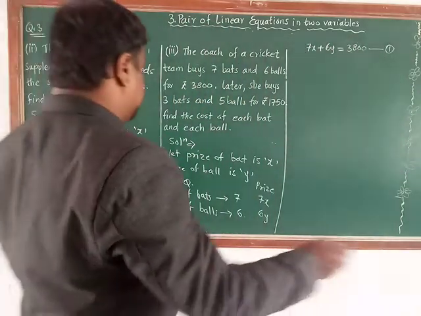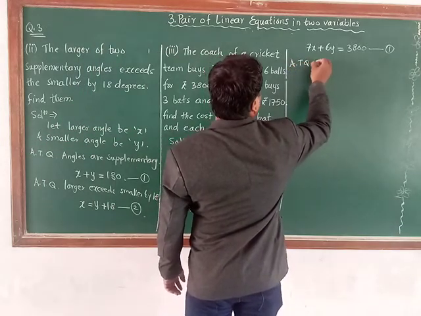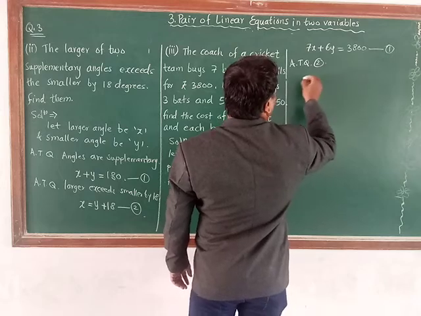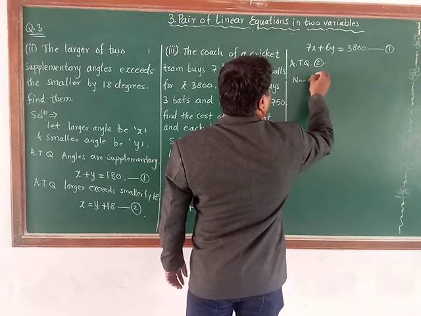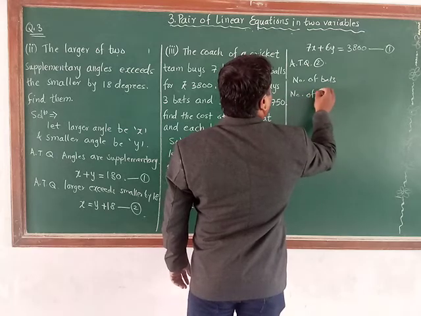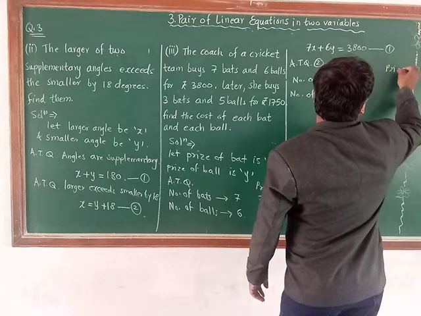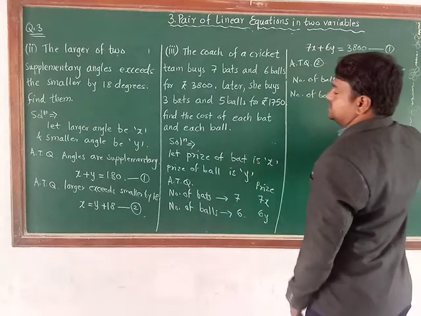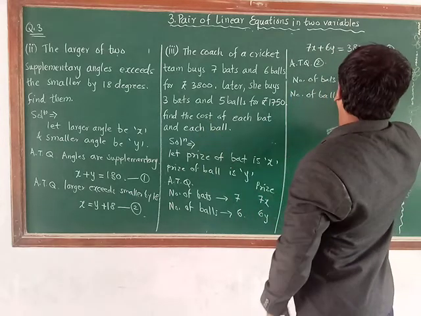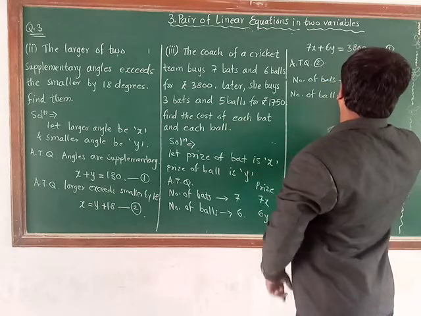Now as per the second condition, number of bats is 3 and number of balls is 5.